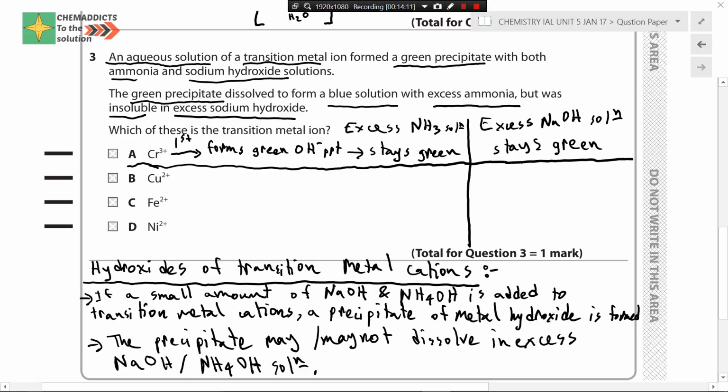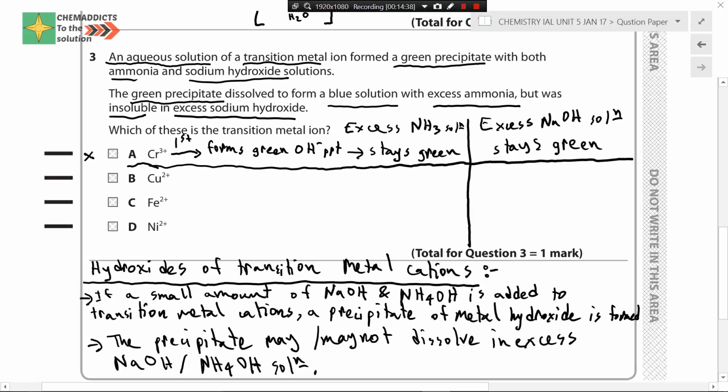So this shouldn't be the answer. Here the green precipitate should have given a blue solution with excess ammonia, but in this case it is green, but was insoluble in excess sodium hydroxide solution. But this precipitate was soluble in excess sodium hydroxide solution, so A shouldn't be the answer.